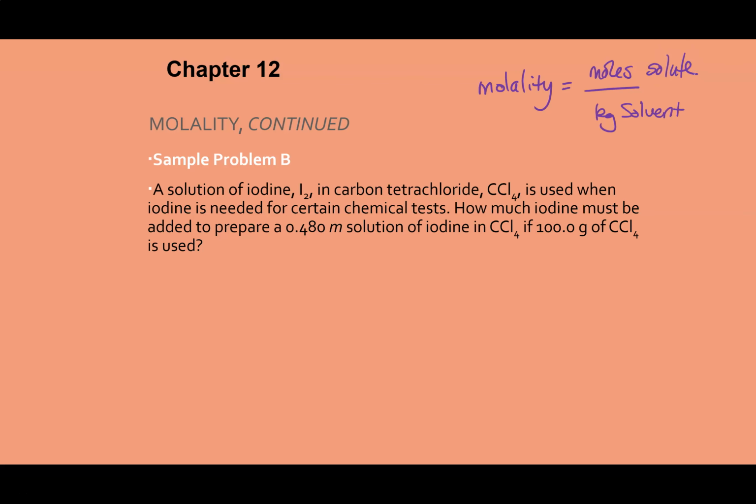What we're going to do is identify which one is the solute and which one is the solvent. In our case, I'm going to say that the solute is the iodine, and the solvent then is going to have to be the CCl4.